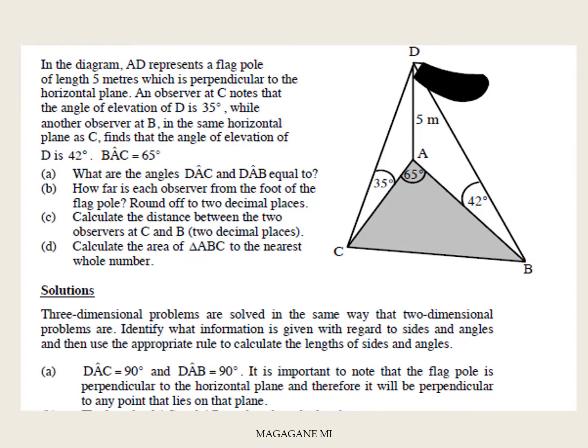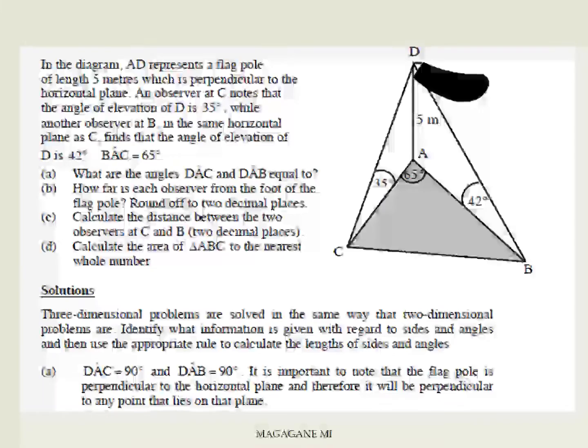of sides and angles. From the diagram, we know that triangle CAD is a right-angled triangle, and triangle BAD is a right-angled triangle.